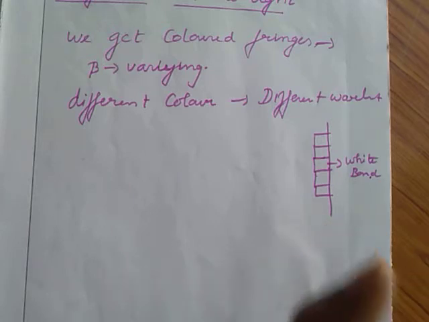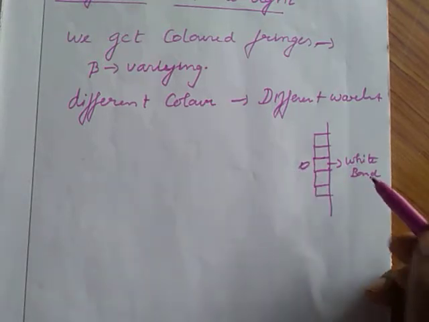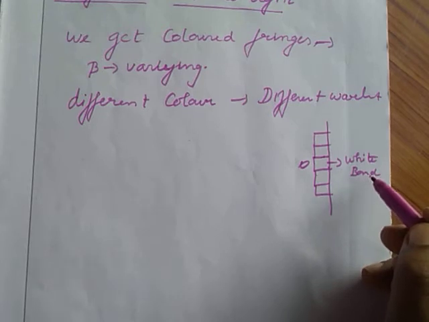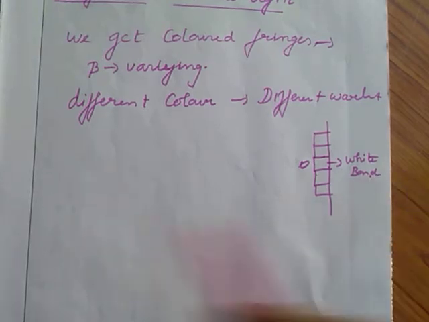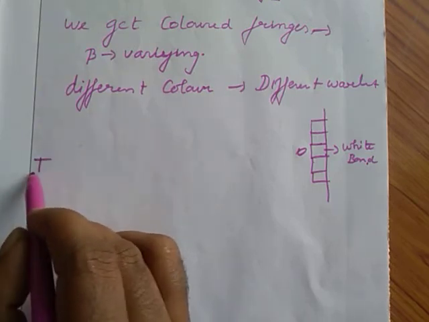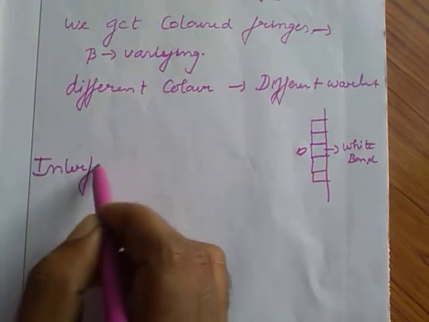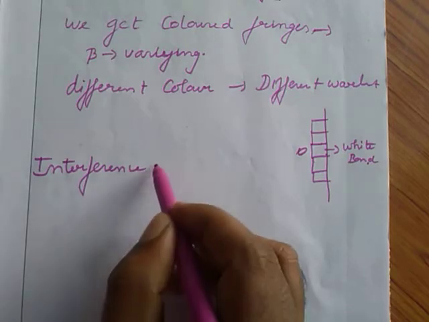That means constructive interference takes place at point O. That's why we get a white band. Then our next topic is interference in thin film.